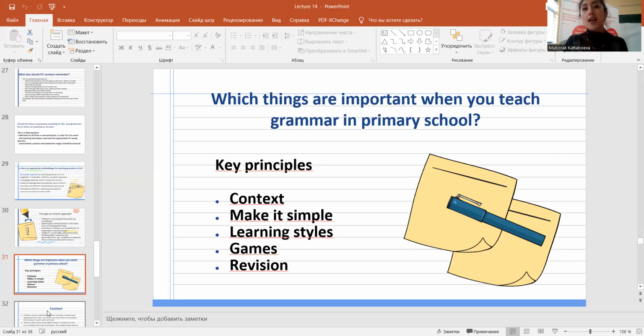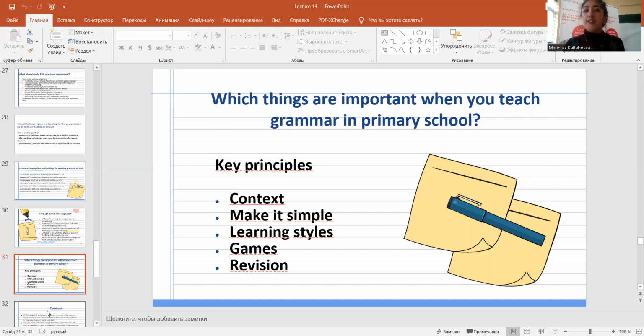So the important things when you teach grammar in primary school, the key principles that teachers can always keep in mind, are context first, and the second one, you should always make it simple, and you should always consider the learning styles, which are different from student to student. The games will always be your golden takeaway, get away from your boring grammatical rule explanations, and of course, revision.